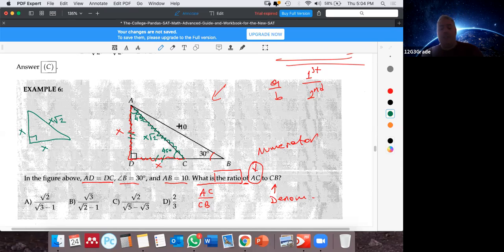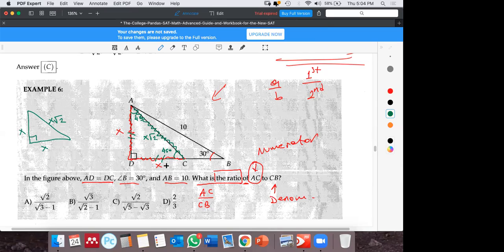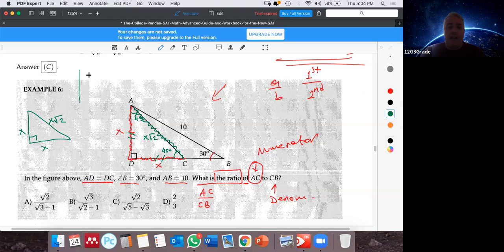Any question for this? No. Okay. And then when I look at the big triangle, which is D here, B here, A here. This is given now 30 degrees. This is given now 10. This is now X. Now, do you remember 30, 60, 90 degrees?